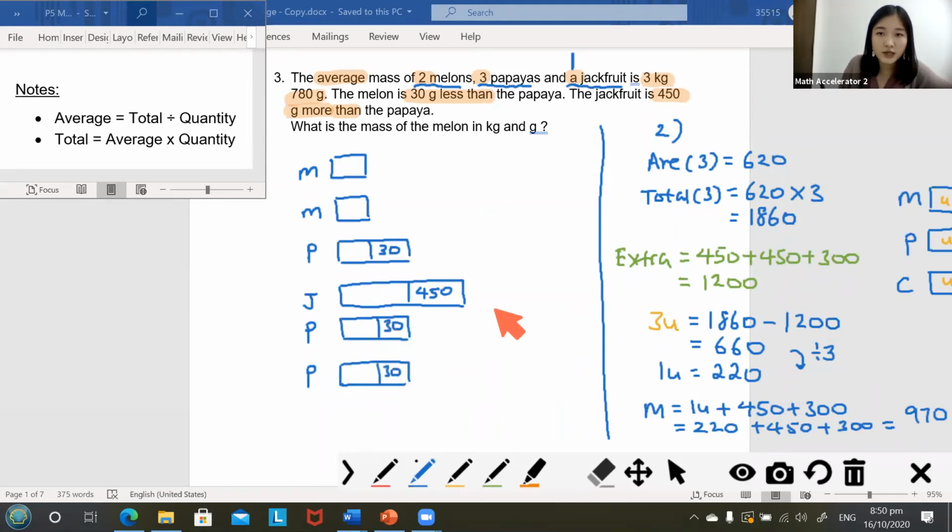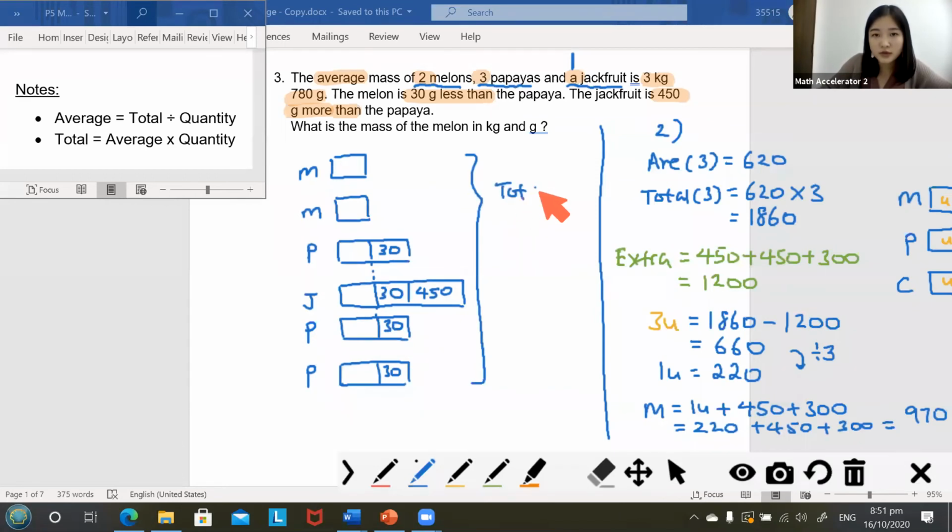Okay, jackfruit, you only have 1. And over here, there's a 30 within the jackfruit as well. So for the papaya, you can also draw and extend out the papaya here. You have 2 more. It's up to you, whichever way you can see better. Okay, now we can say that this is the total.